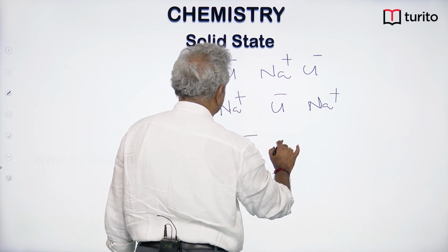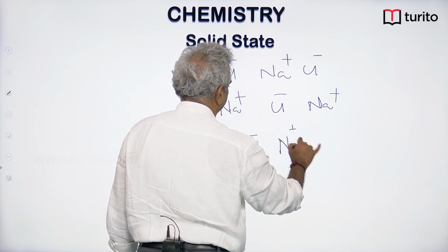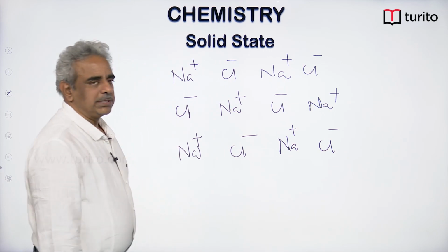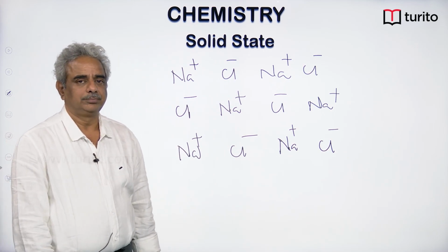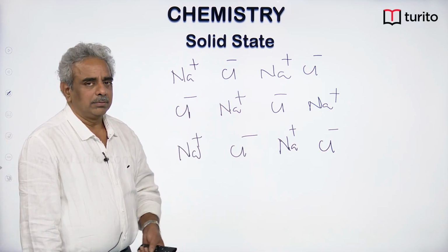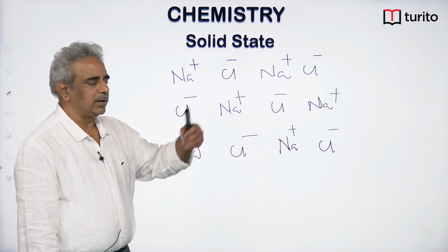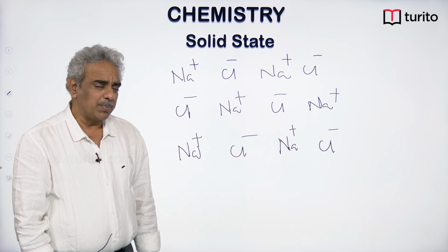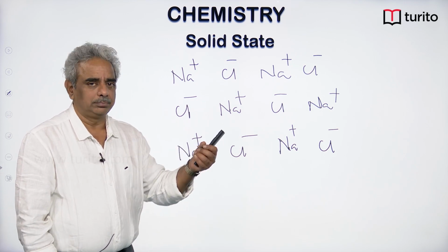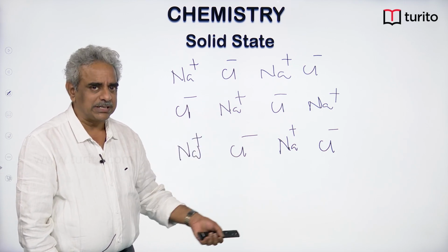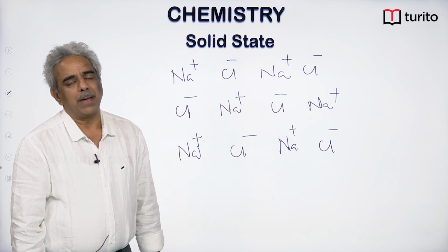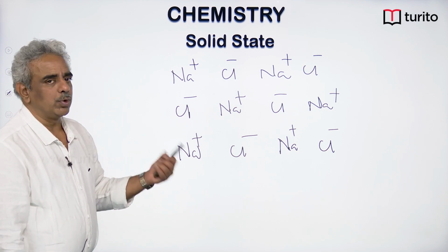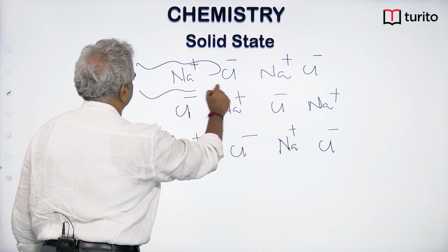So, this is an ideal, healthy crystal, where exactly equal numbers of sodiums and chlorides got crystallized. Suppose excess sodium gas is used to crystallize this, what may happen? Suppose excess sodium vapors are passed through it.